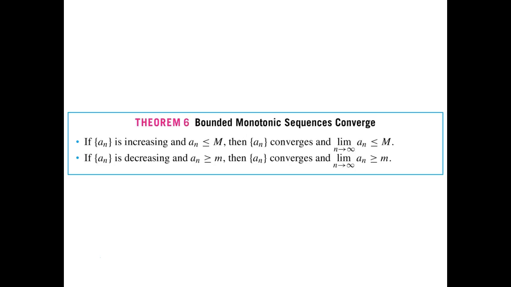Whether it's monotonically increasing, if it's bounded from above and below, of course, too, then it's got to converge to some limit less than that M, capital M, or greater than the little m.